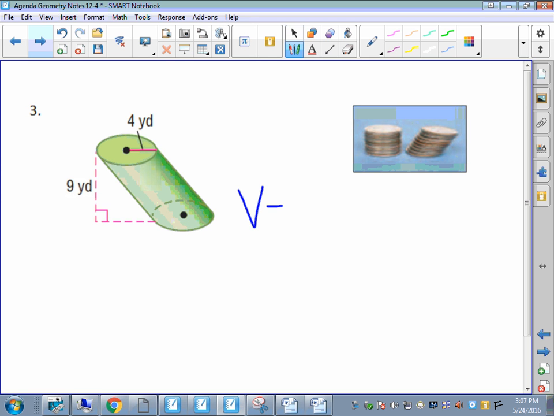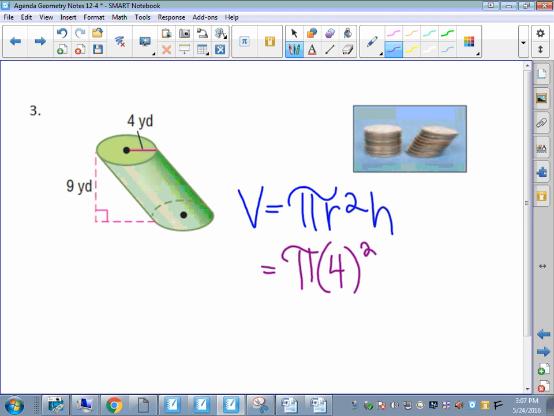So volume for a cylinder is area of the base times the height. So what is the radius? And what is the height of that stack? Use an altitude, not an axis. Make sure you use the height, the distance between the bases, where you must have a right angle.